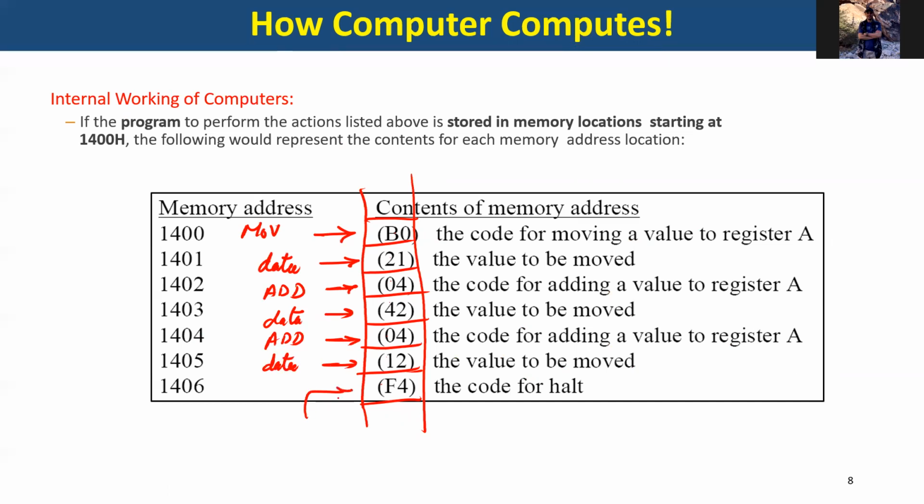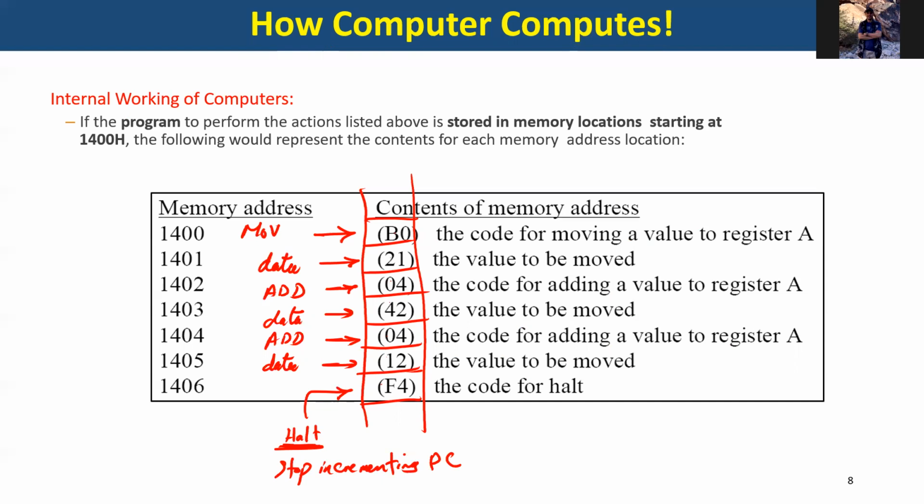And this one is really interesting. We need to tell the computer that we stopped. This is our final instruction, which is basically called halt. It stops incrementing the program counter.